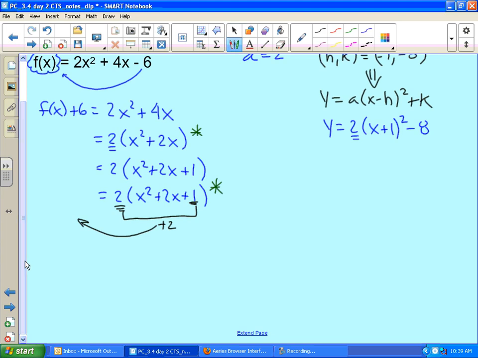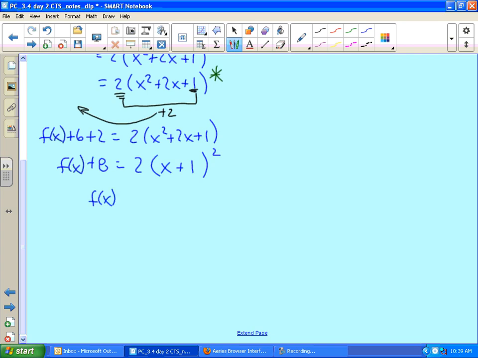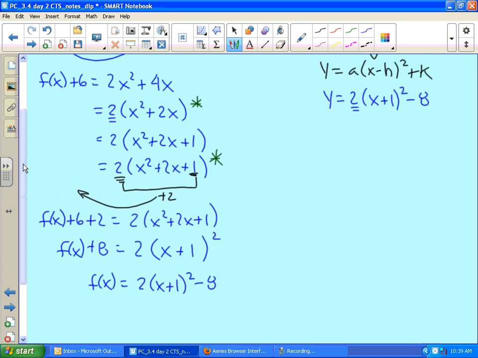Well, now it looks like this. F of x plus 6 plus 2 is equal to 2 times x squared plus 2x plus 1. Simplify stuff. F of x plus 8 is equal to 2 times binomial squared, x plus 1 squared. Move the 8 back over. F of x is equal to 2 times x plus 1 squared minus 8, and that is what we should end up with.